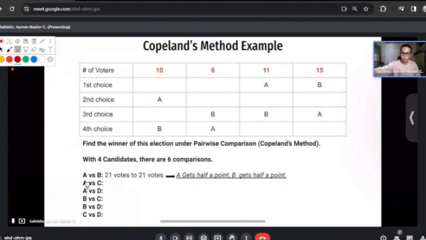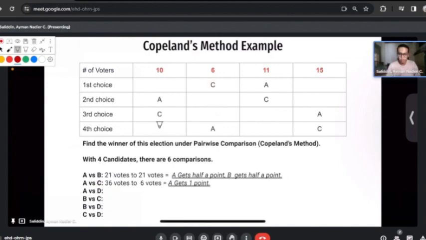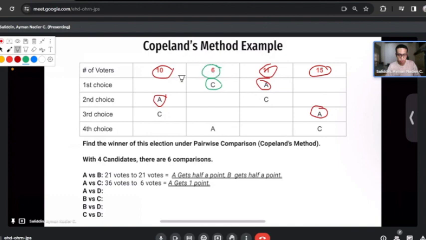Now let's go to A versus C. Here we have A with 10 plus 11, like we said earlier. That's 21, plus 15, so now we have 36 for A. Compared to C, which has only 6. So 36 votes to 6 votes.